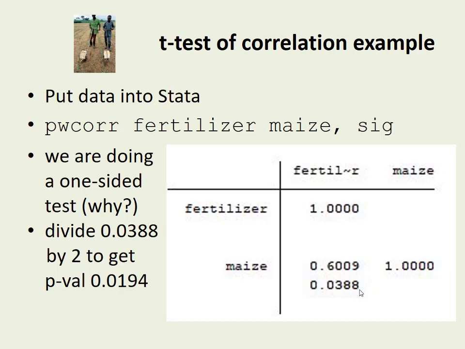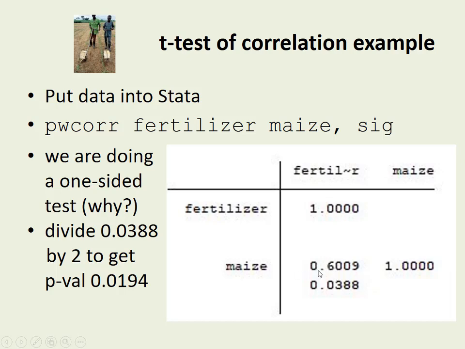Okay, the reason we're going to divide it by 2 is that if in the whole population there's no correlation between fertiliser and maize, then if you pick many, many samples, the expected value of what you get here is 0. Sometimes you get negative, sometimes you get positive. In the whole population it would be 0, but when we pick our sample we know we won't get exactly 0, and we want to know the chance of getting something as big as this, but positive only.